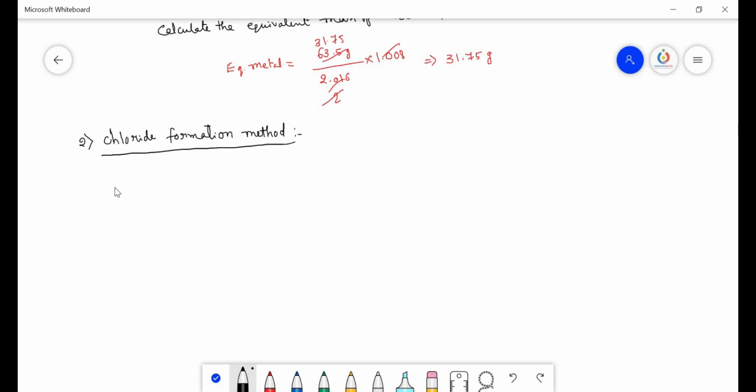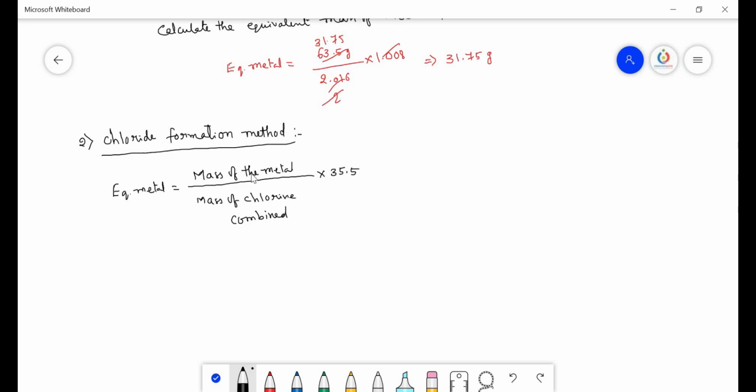In this method, the equivalent mass of the metal can be calculated using the formula: mass of the metal divided by mass of chlorine combined, into 35.5.